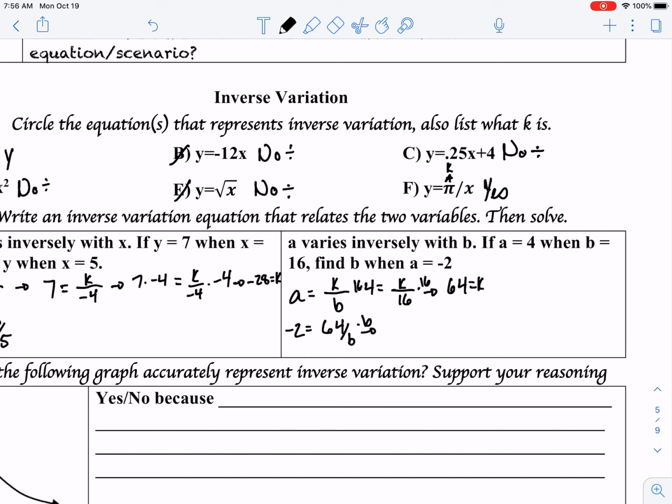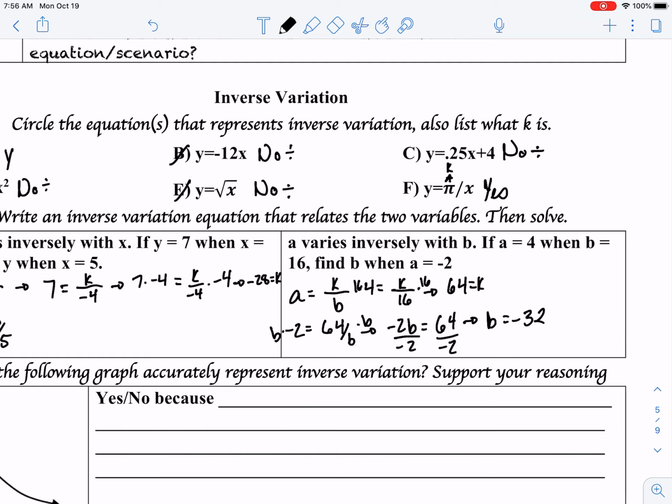So multiply both sides by B. I get -2B is equal to 64. Divide both sides by -2. I get B is equal to -32.